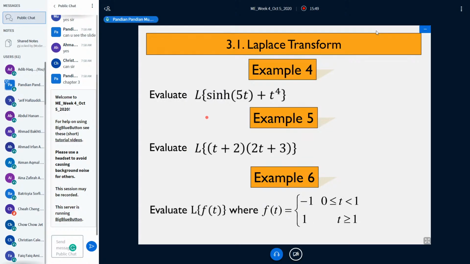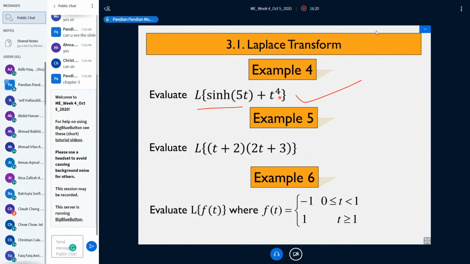Similarly, evaluate Laplace of sinh 5t plus t to the power 4. We already did this. You can find Laplace of sinh 5t and then Laplace of t power 4, using the formulas we already did. You can refer to the previous notes. Actually, I already gave the answer.